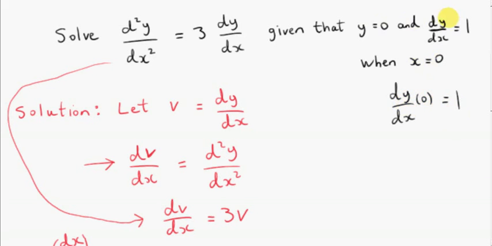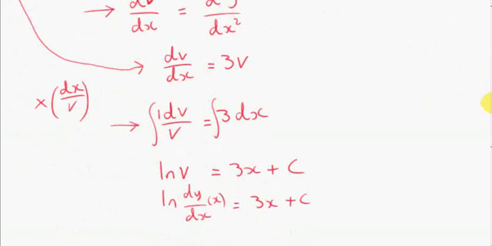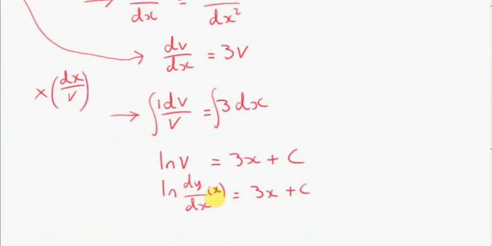By the way, this is not the only boundary condition. You can see that there's another boundary condition that we will use when we go to find y from v, when we get our eventual solution, but we have to take it in stages like this, so we need 2 boundary conditions because there are 2 integrations to be done here. Anyway, we're going to start with this boundary condition to find out what c is from our first integration.